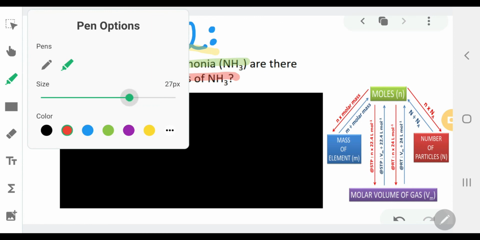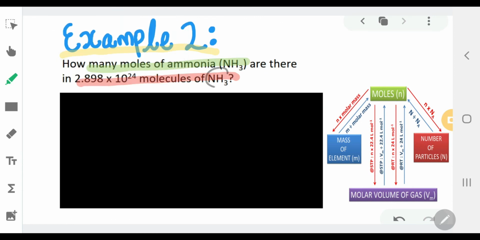Remember, we have to know that this is the molecule. So we're going to move from here, number of particles, molecules, and you want to find mole. So if you move from number of particles to moles, you have to divide with the Avogadro's constant.